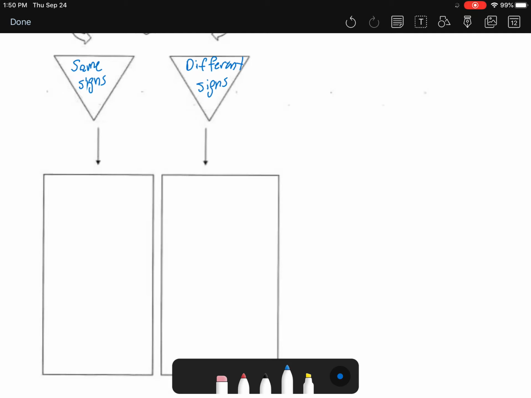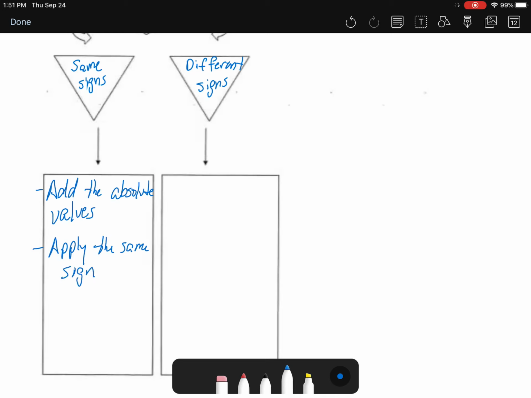When you have the same signs, you need to add the absolute values. After you add the absolute values, you need to apply the same sign.